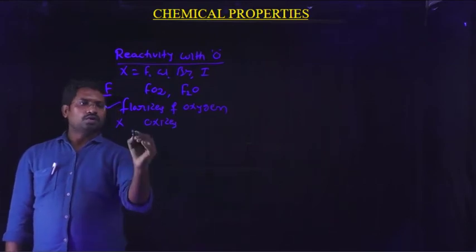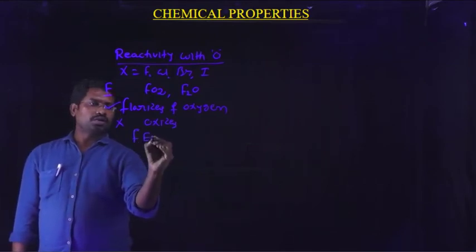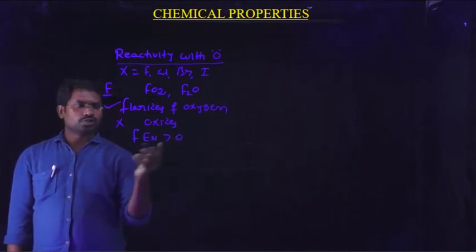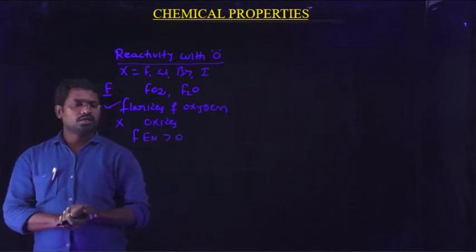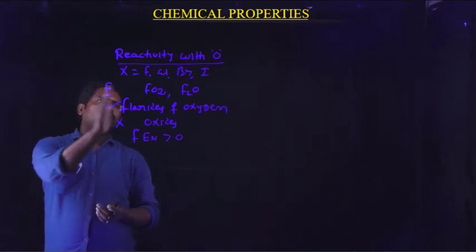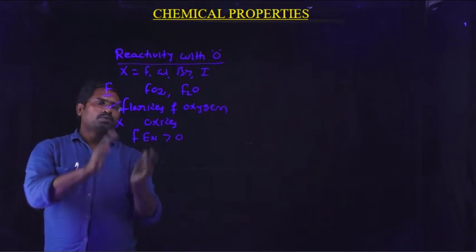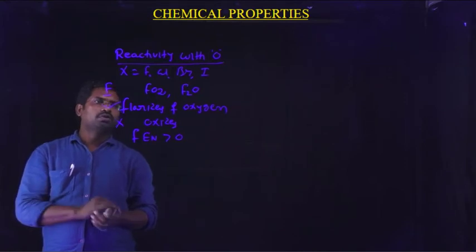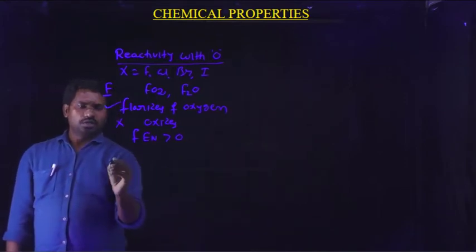Fluorine is the element with the highest electronegativity, higher than oxygen. Oxygen is second, next to fluorine. So when fluorine reacts with oxygen, they are called fluorides of oxygen.